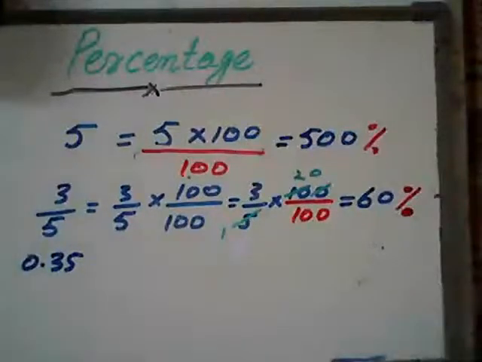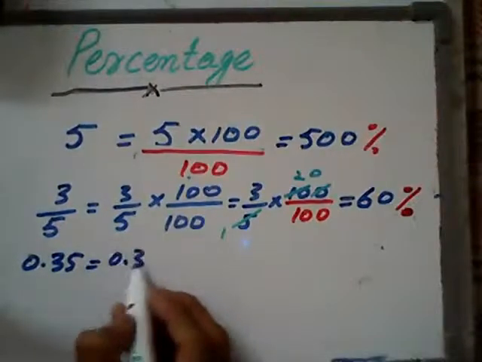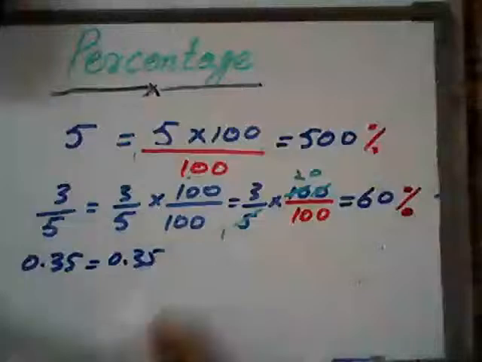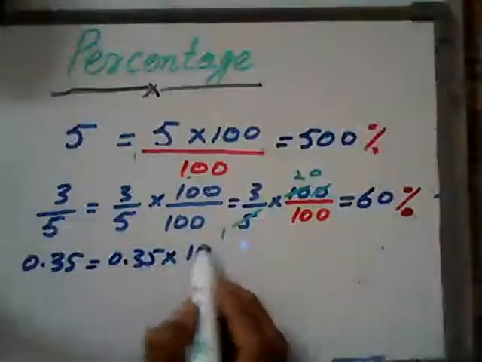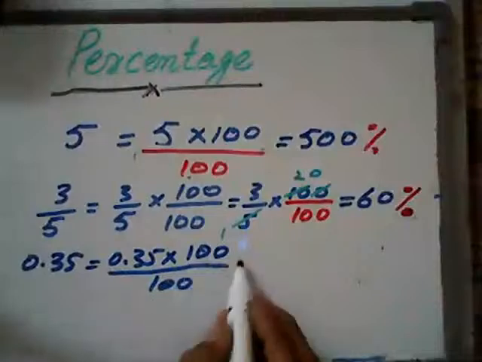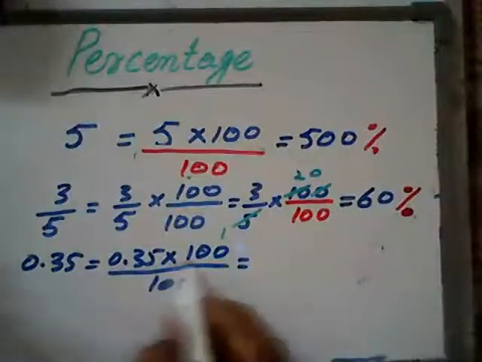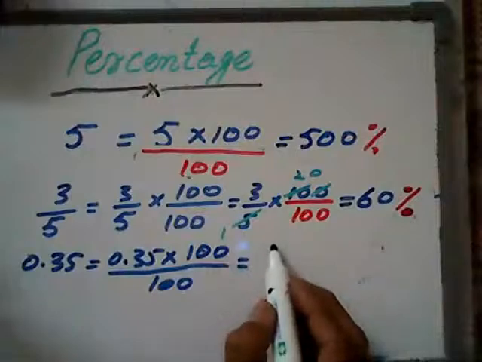Now what about 0.35? We do the same: 0.35 is equal to 0.35 multiplied by 100 and divided by 100. But divided by 100 is actually percentage. So 0.35 multiplied by 100 is equal to 35.